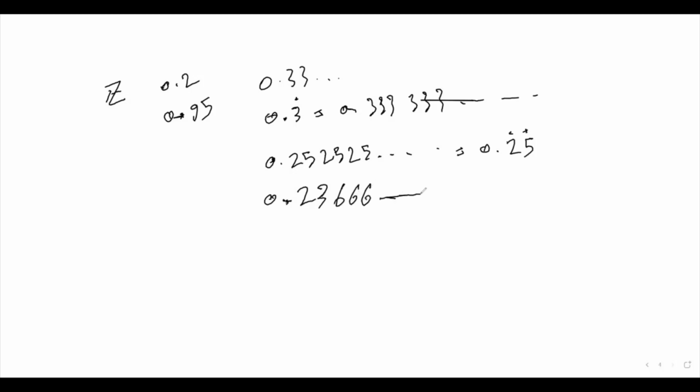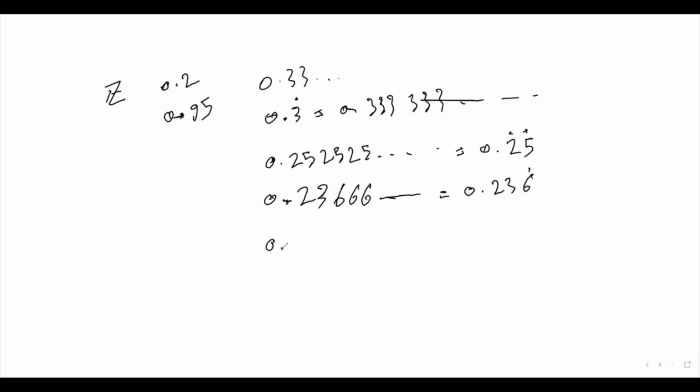So as you can see, 2 and 3 is non-recurring, however 6 keeps repeating. If you want to show this in short format, we have 0.2 and 3, we leave it untouched, and for 6 we just put a dot on top of 6, right? As simple as that.